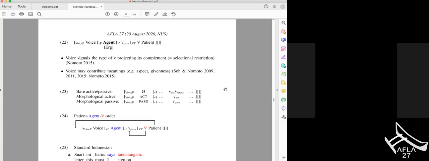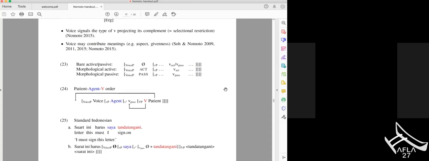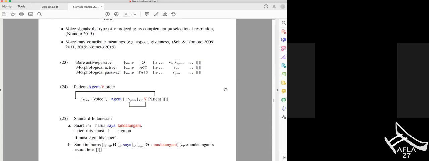If the verb moves to little v, the word order you get will be patient agent verb, as in 25, standard Indonesian. If the verb moves farther to voice, then you'll get patient verb agent order.